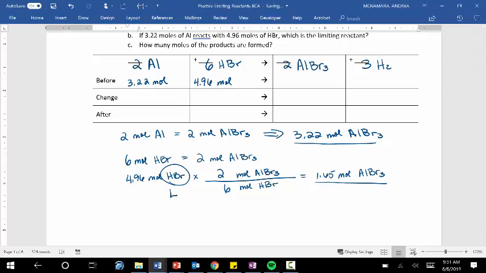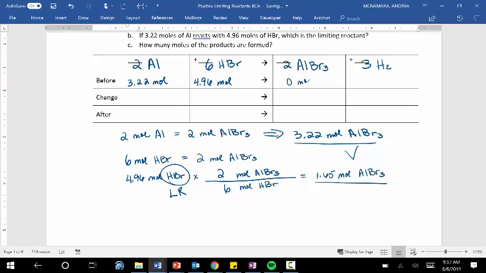And so that is the limiting reactant. The hydrogen bromide is the limiting reactant because it limits the amount of product that I can form. It lets me make less product. This is less than that, right? So I can only make 1.65 moles of the aluminum bromide, given the amount of aluminum and hydrogen bromide I have to start with.